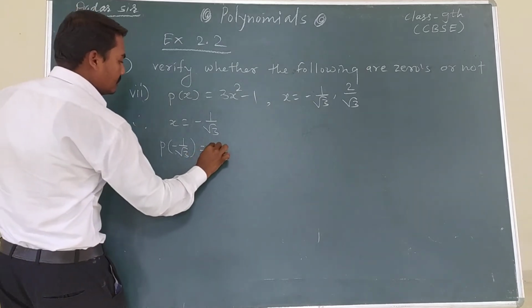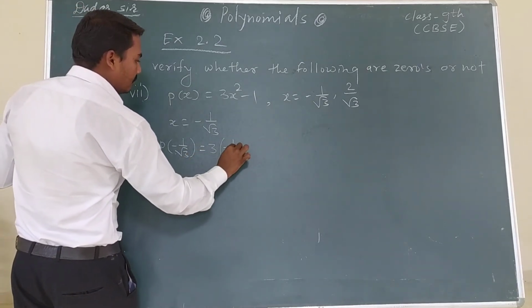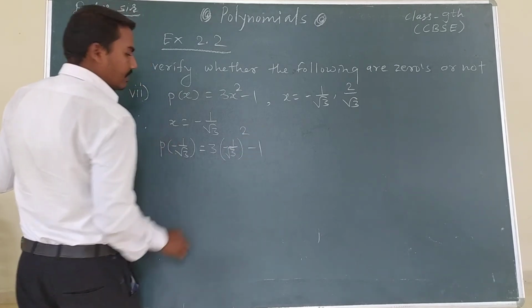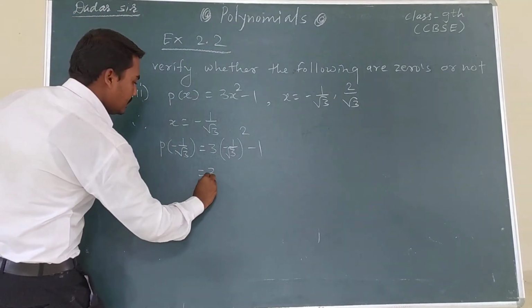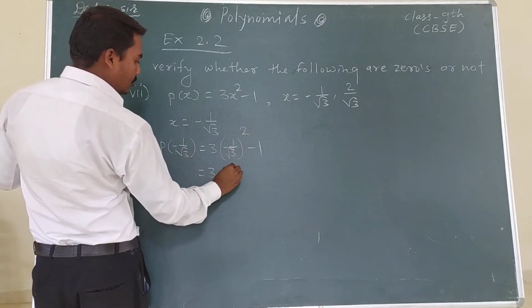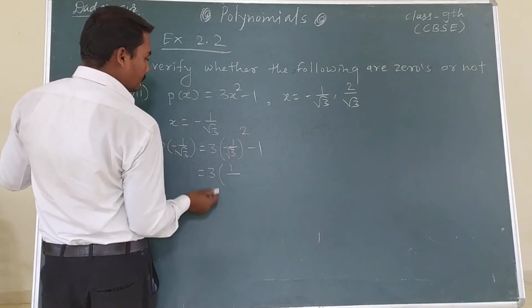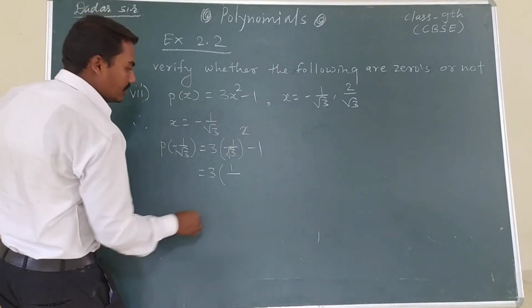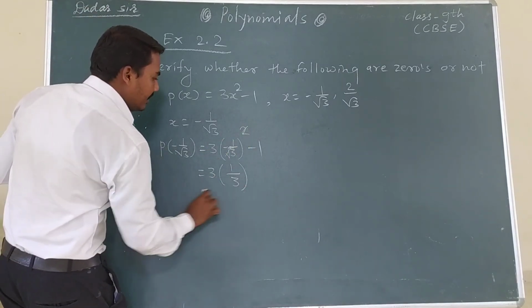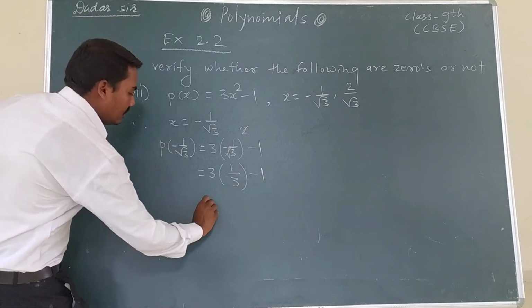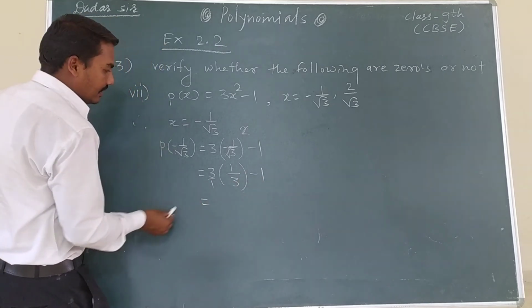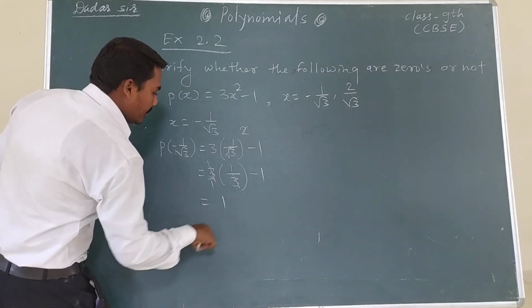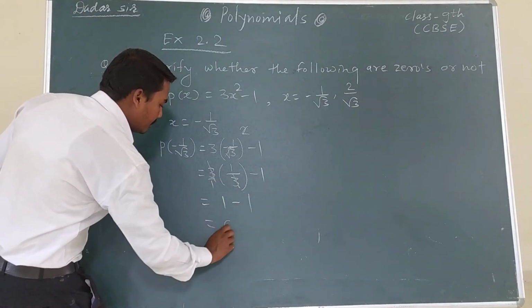So it becomes 3 into minus 1 by under root 3 square minus 1. 3 as it is, the square of 1 is 1, the negative becomes positive, and the square and root cancel, so it remains 3 minus 1. Now here we have 1 remaining, so cross multiplication: 3 into 1 over 3 becomes 1. Here is also 1, so it becomes 0.